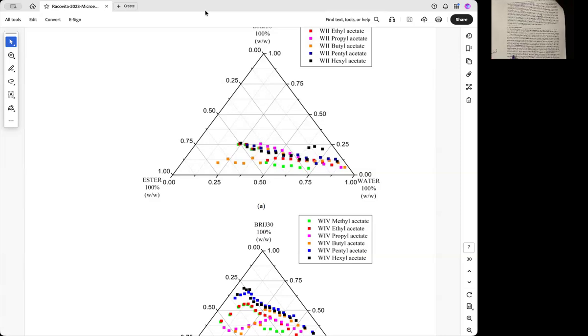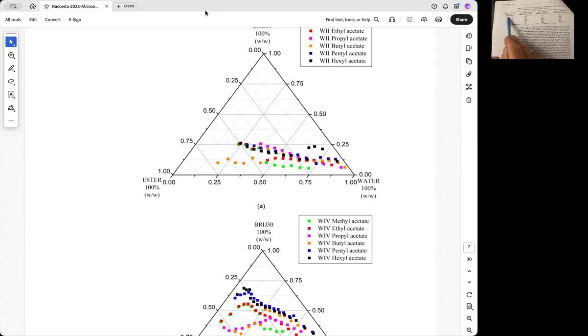So using Origin Pro software, let's show the actual part we're on. Using Origin Pro 8.5 software, the areas below each curve in the diagrams were computed, and the relative areas are reported as percent of the total triangle area in Table 1. Okay, good. So the table is so far.